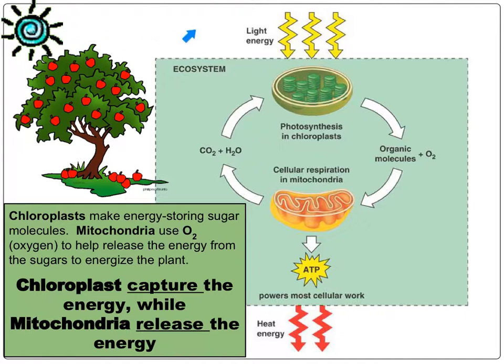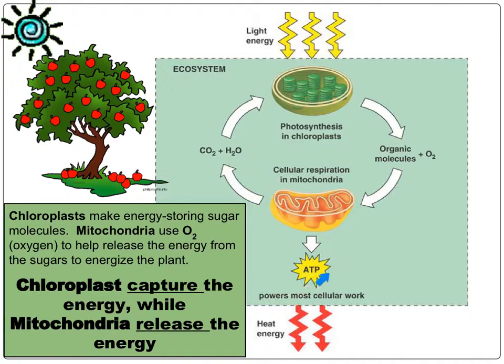So the sun is going to shoot photons of light, which are going to be absorbed by the chloroplasts in the plant's leaves, and the chloroplasts will, by means of photosynthesis, make these sugars, these organic molecules, and oxygen. And then mitochondria, right here, use that oxygen and use the sugar to release the energy within the sugar in the form of ATP.